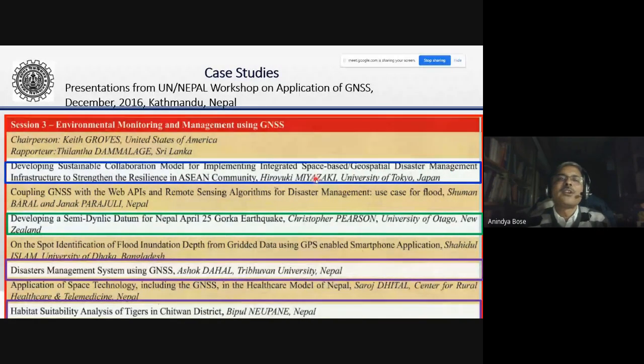It is a presentation at the UN Nepal workshop on application of GNSS in December 2016 in Kathmandu. I've taken it just from their website, though I was present there.